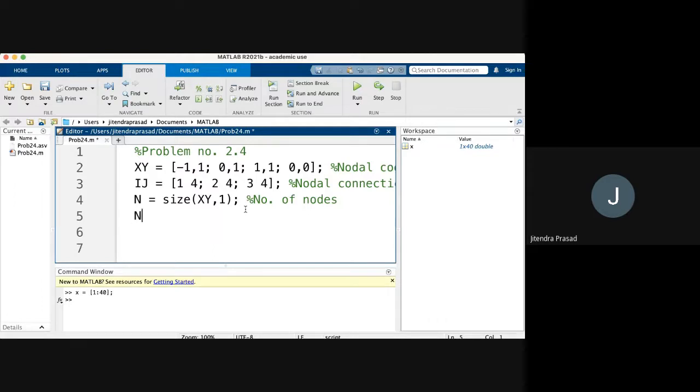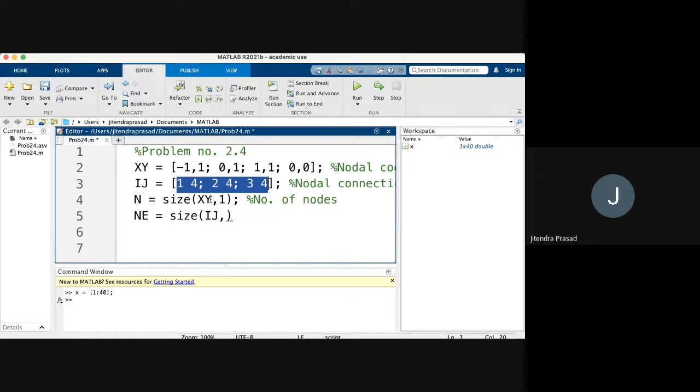Similarly, you can find out the number of elements. All those things we will need later on, so that's why we are doing this. Size of ij: again, if you see here, you have 2 columns and 3 rows, so this is a 3 by 2 matrix.